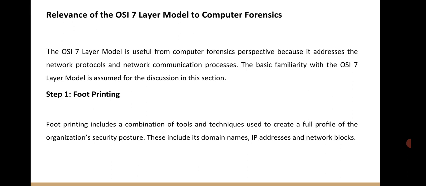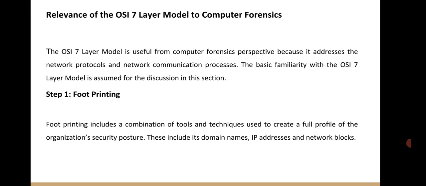First one is the physical layer, data link layer, network layer, transport layer, session layer, presentation layer, and the final one is the application layer. The data will be processed into the 7 layers. The OSI 7 layer model is useful from the computer forensic perspective because it addresses the network protocols and network communication process.